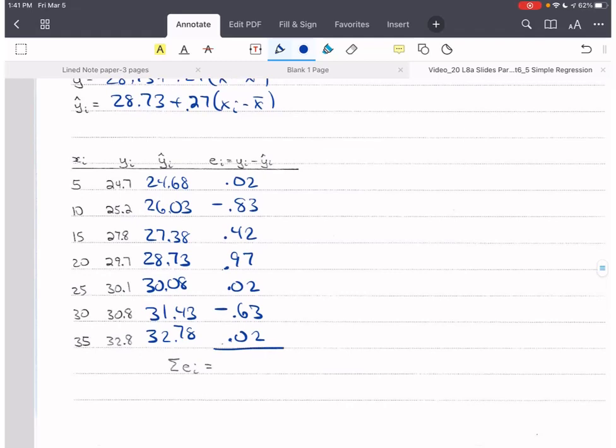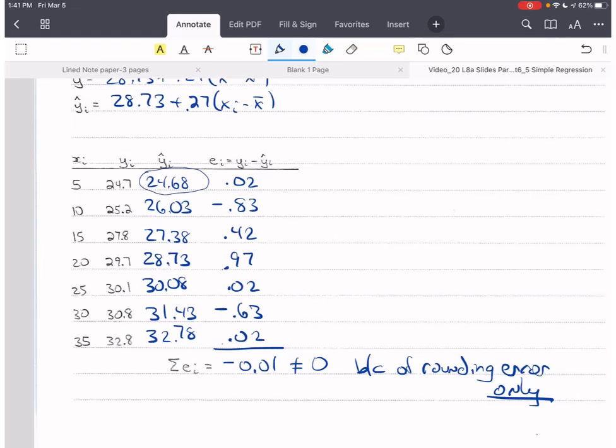All right, and when I add all these up, I get negative 0.01, which is not equal to 0, but this is because of rounding error only. If you have the exact values and don't round these to 2 decimal places, then you will get that this is actually 0.